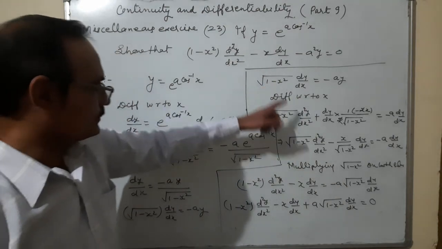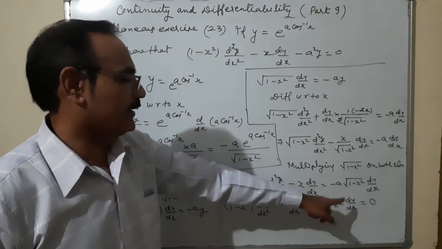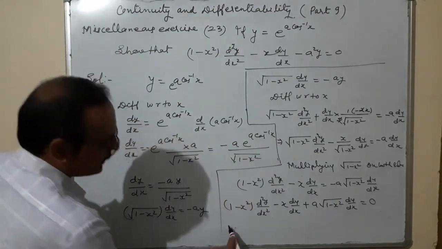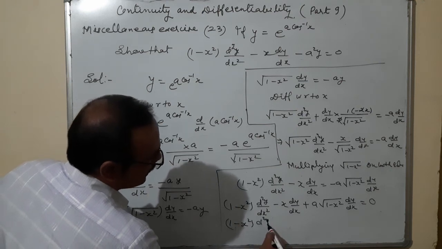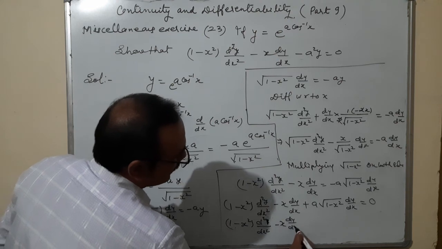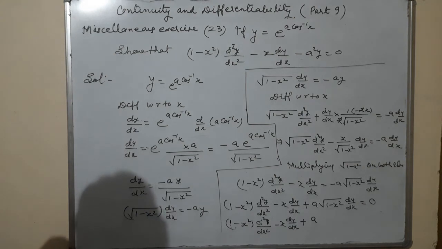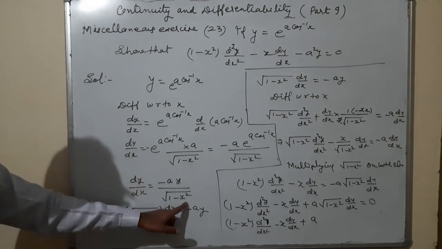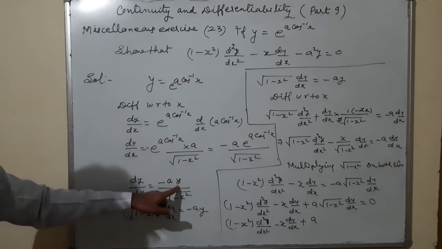And now this term we want to prove is equal to minus a square y. Okay. So the value will be substituted here. 1 minus x square d square y by dx square minus x dy by dx plus a remains as it is, under root 1 minus x square dy by dx. See, under root 1 minus x square dy by dx is equal to, right here, minus ay.